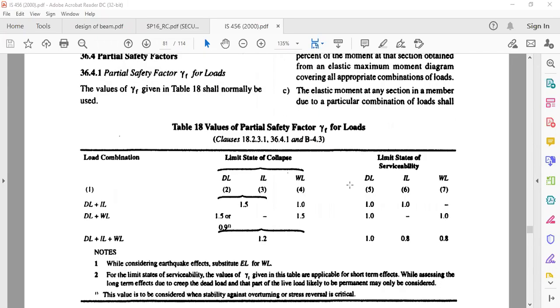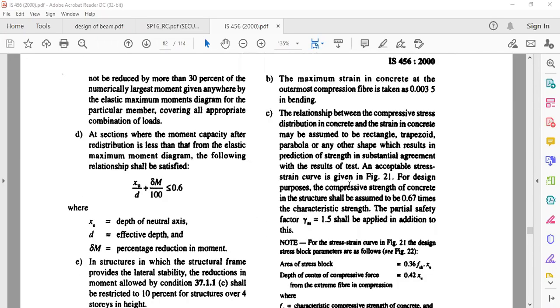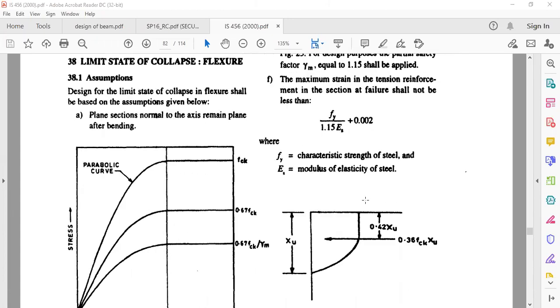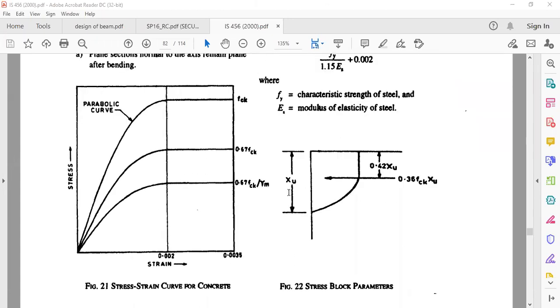Similarly, as we have seen, the stress strain curve for the concrete and the stress block parameters are all from this itself. In the stress strain curve, we have seen the values 0.002, then 0.0035, 0.67 fck, 0.67 fck by gamma m.